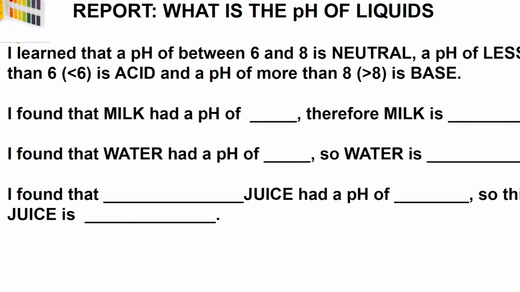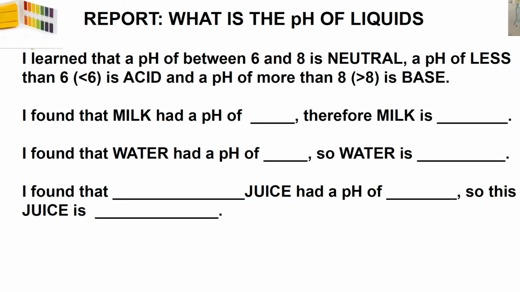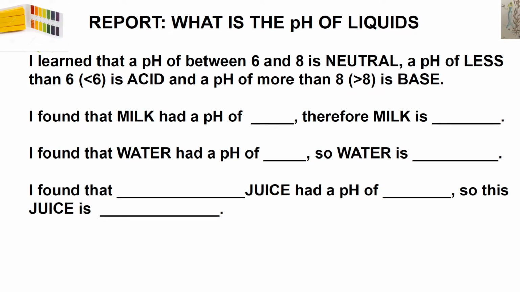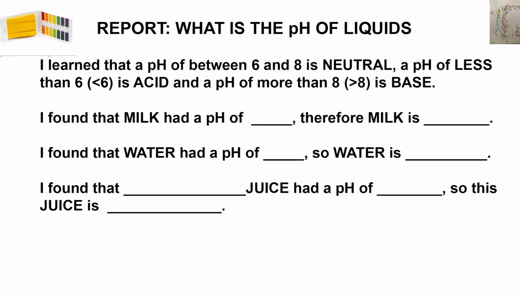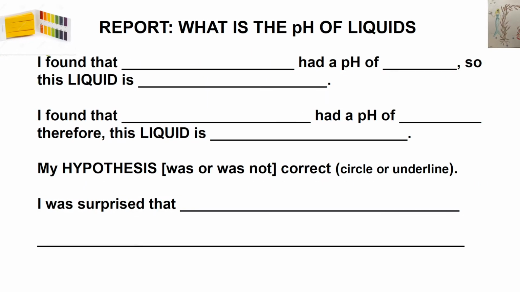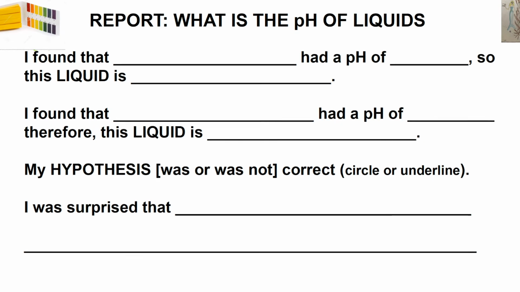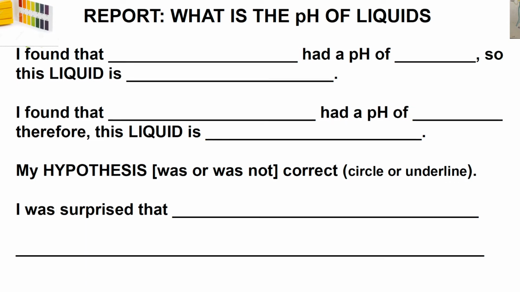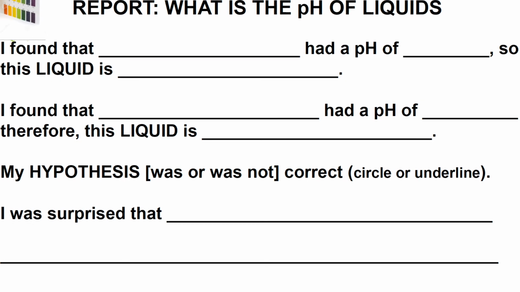On this page, I'll write my results again and my conclusion. Was the liquid an acid, a base, or neutral pH? Make sure to include whether your hypothesis was correct or not correct, and anything that might have surprised you.